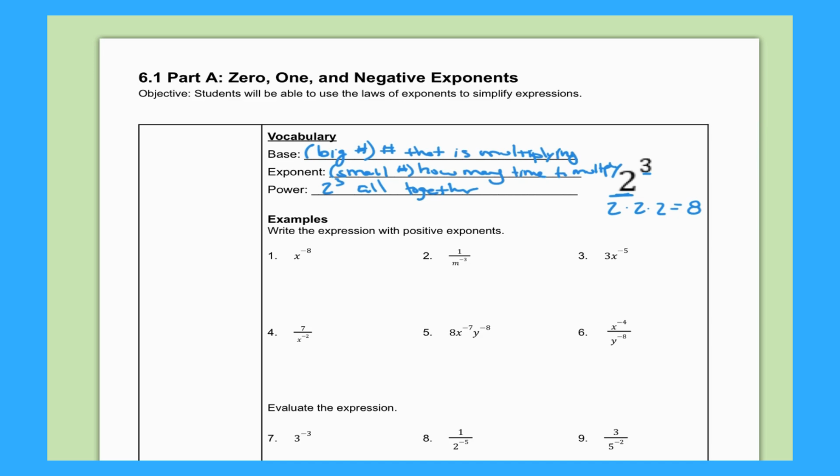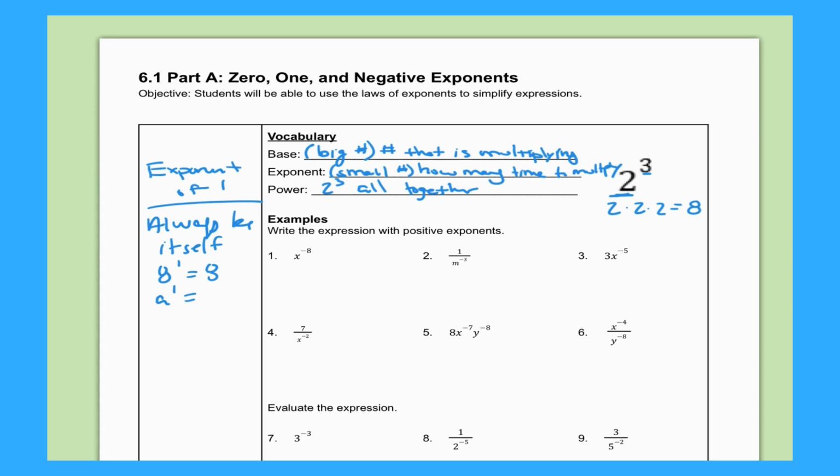Okay, so we did an activity to review some special rules, so let's write them off to the side. Exponent of 1, the answer will always be itself. So like 8 to the 1 would equal 8.